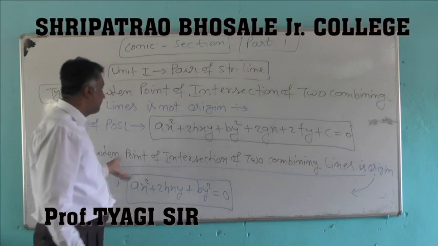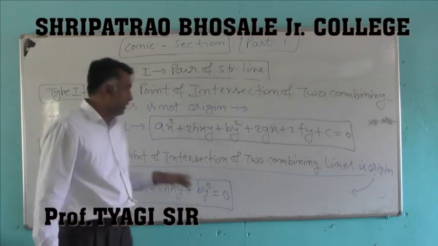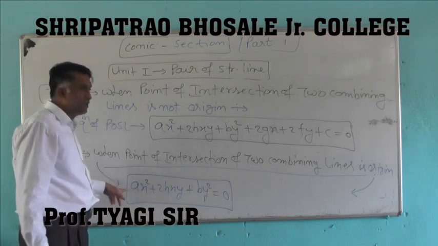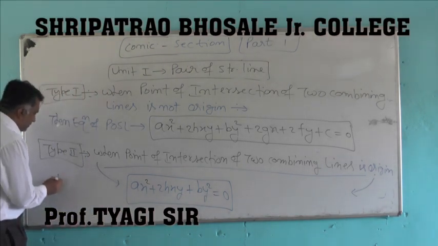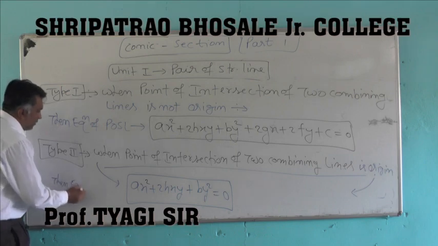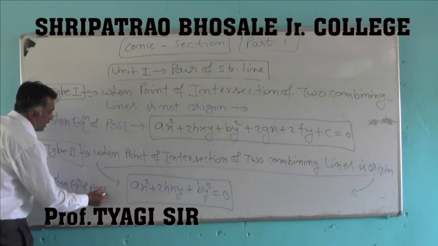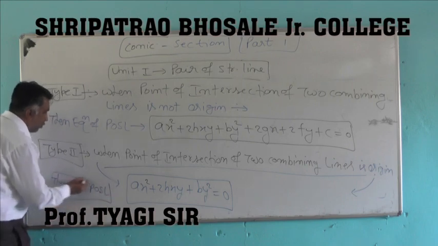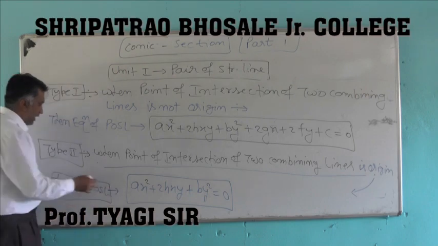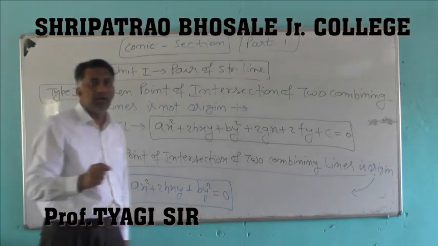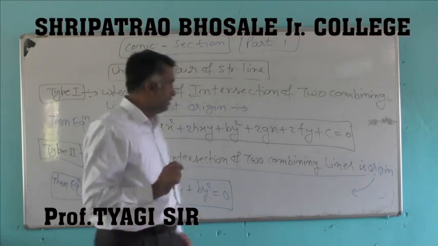Where the point of intersection of 2 combining lines is origin, the equation is different. In shortcut, I have written POSL, which means pair of straight lines.